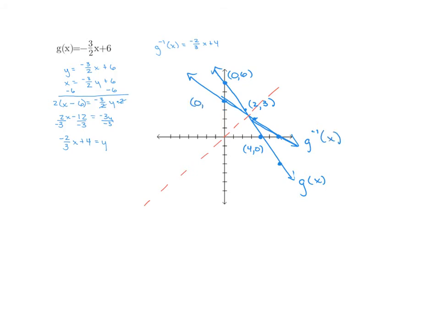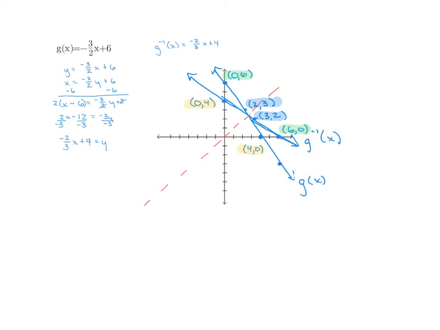We have 0, 4, 3, 2, and 6, 0. So if we look at these again, we see that we have 0, 6 and 6, 0. We have 2, 3 and 3, 2. And we have 0, 4 and 4, 0. So note that all we do is we switch our points.